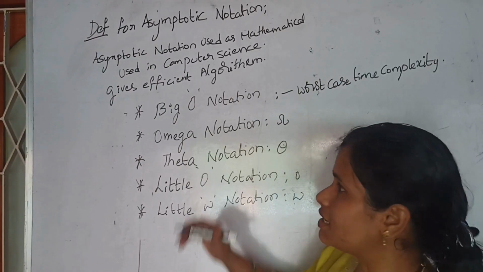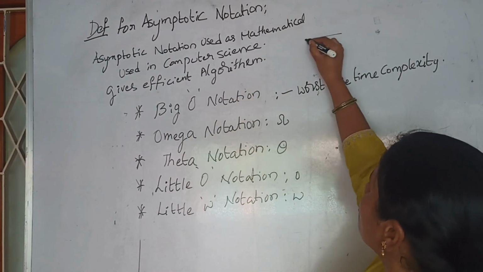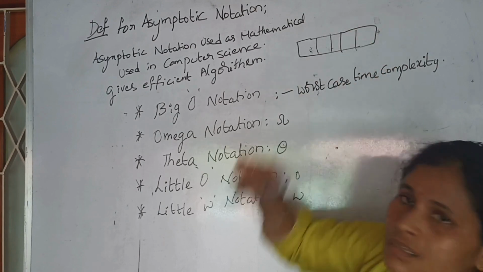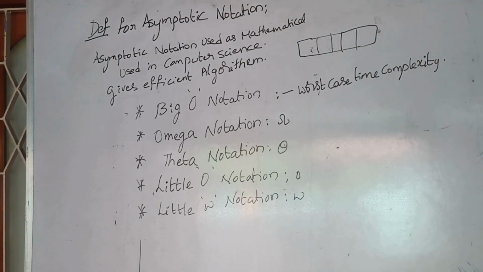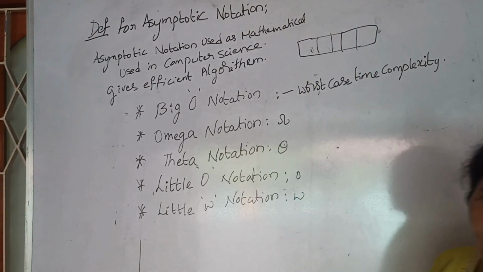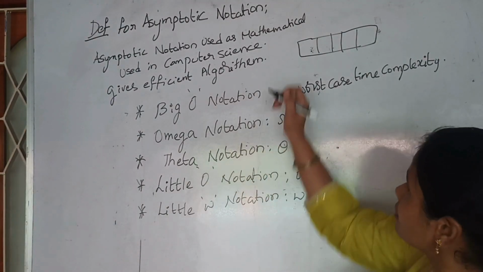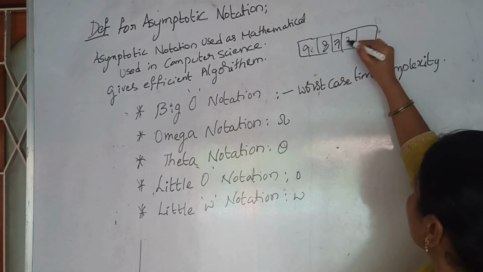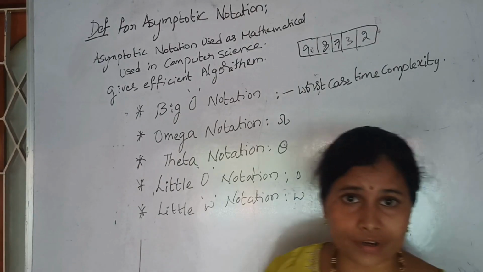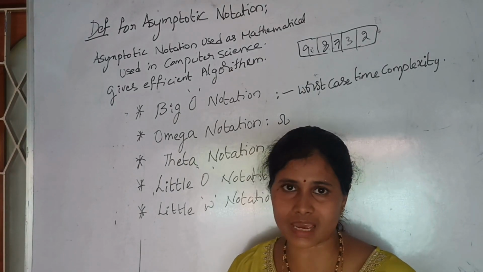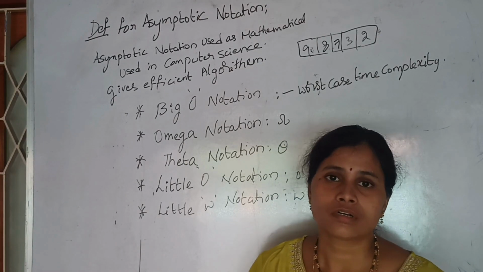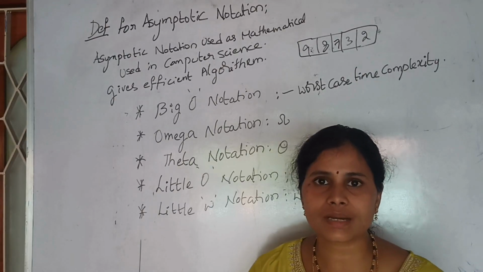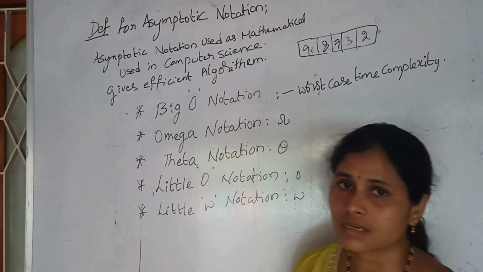Let me give one example. 9, 8, 7, 3, 2. Before going to worst case time complexity, let me give one best case example.